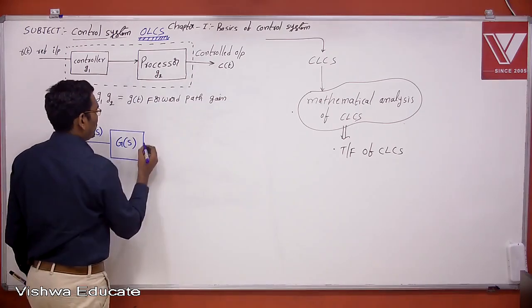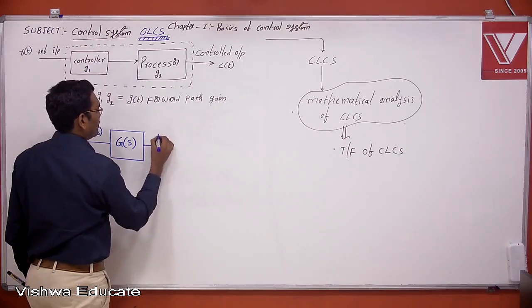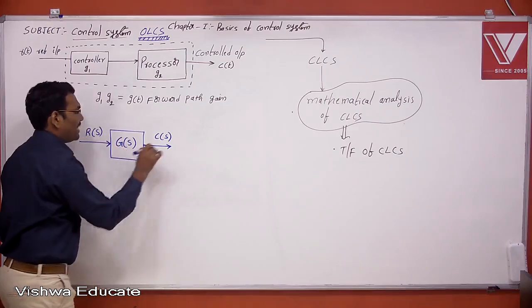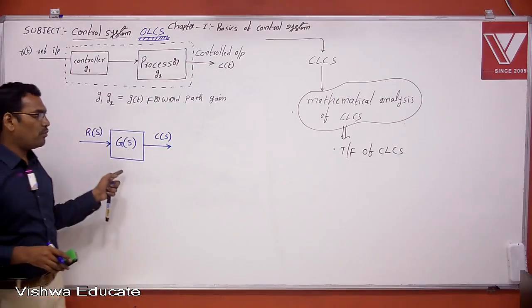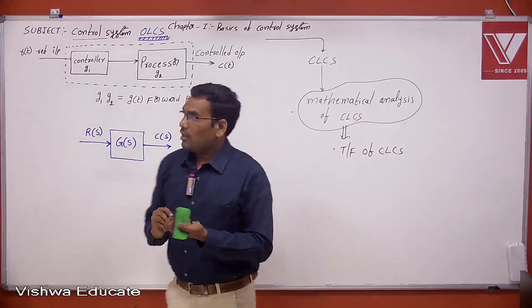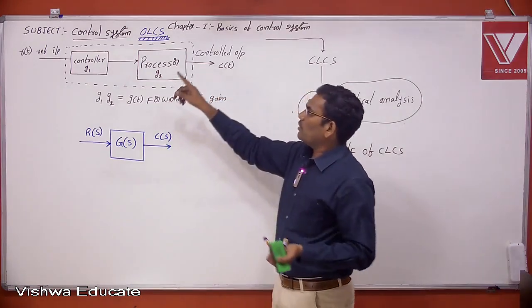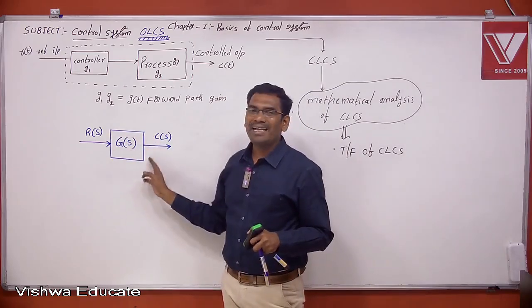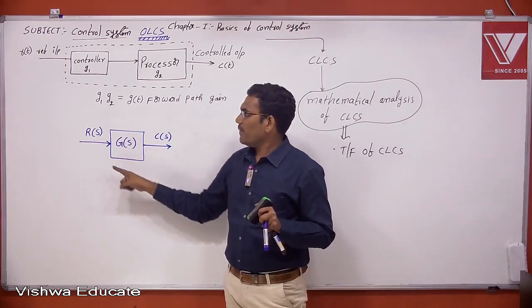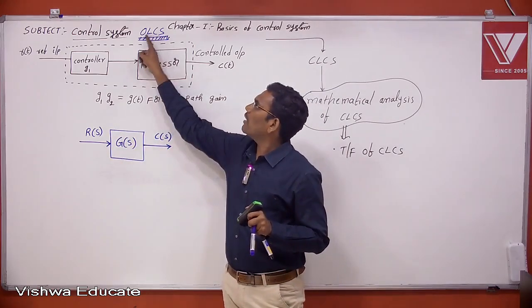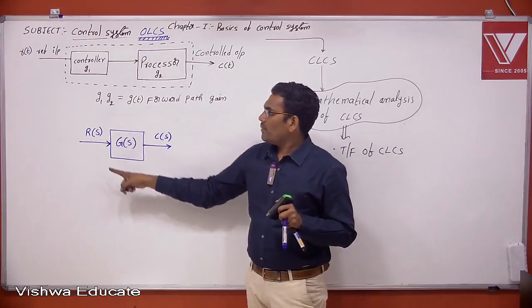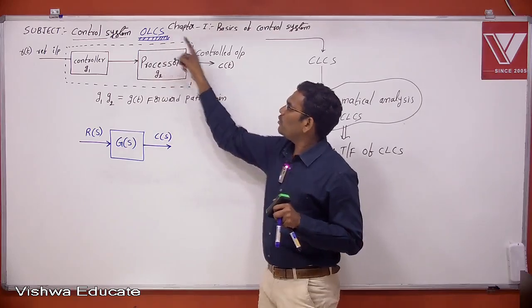Laplace transformation of C of t is C of s. This is a mathematical equivalent model. See here, the reference input, controller, processor, controlled output are all gone, and this is a complete mathematical relation. This is a mathematical equivalent model of open loop control system.